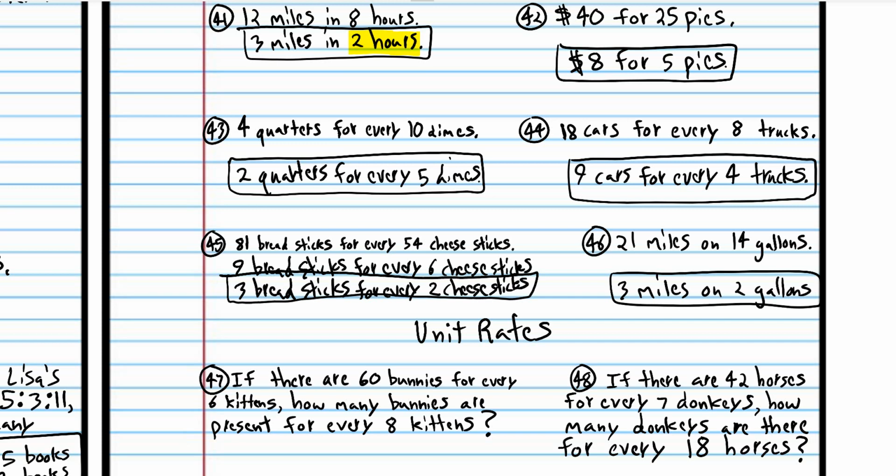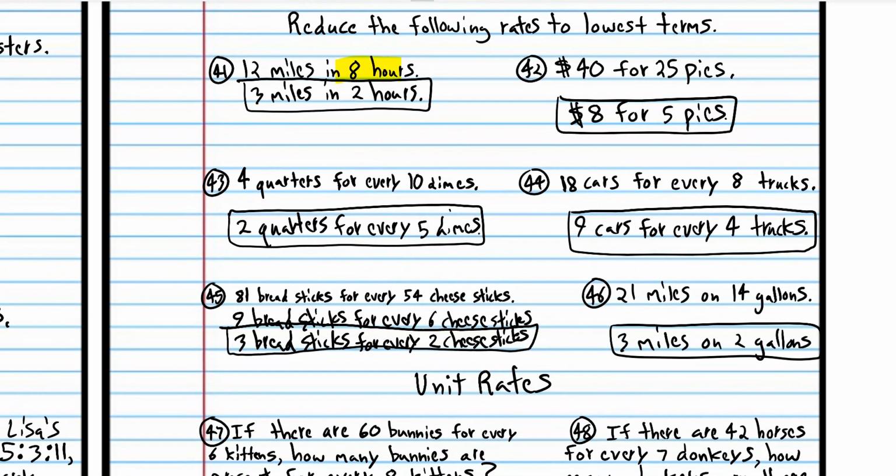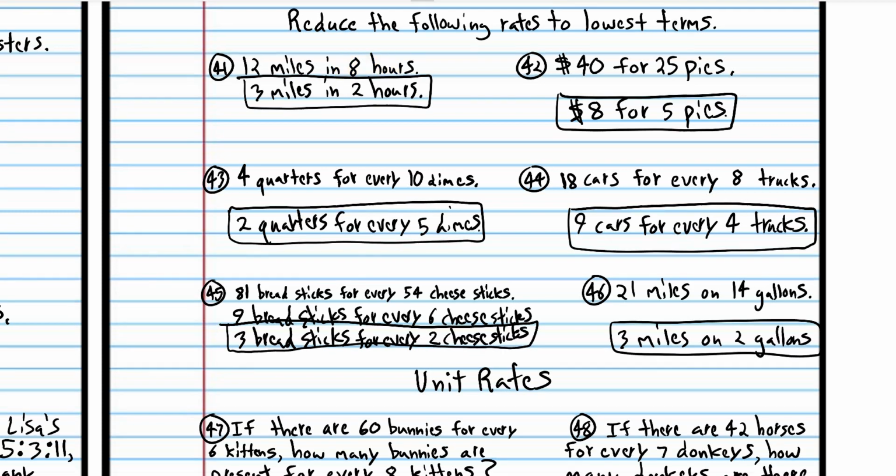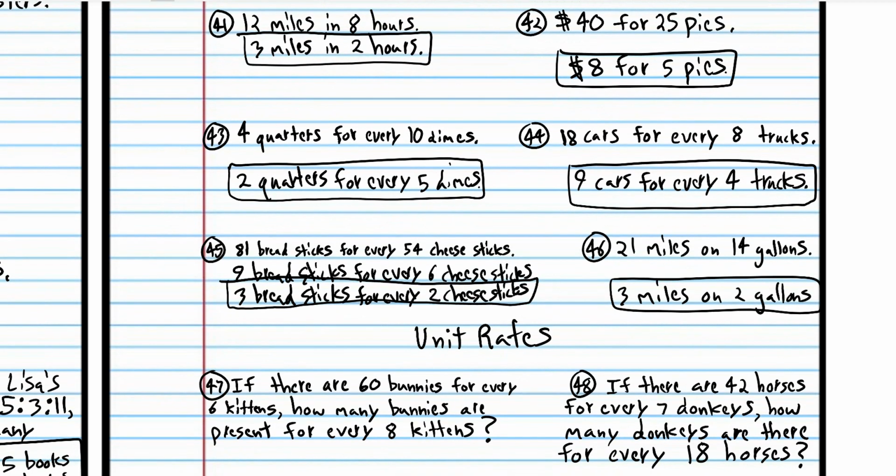We had $8 for 5 pies, 2 quarters for 5 dimes, 9 cars for every 4 trucks, and we had 12 miles in 8 hours and $40 for 25 pies. These were rates. In this case, we had some random rate, and then we had the rate in lowest terms, but none of these rates are unit rates.